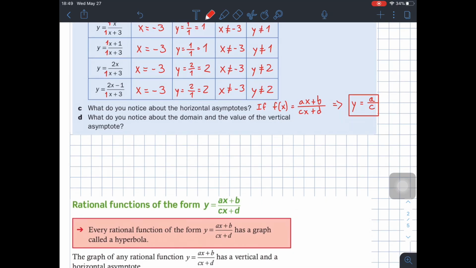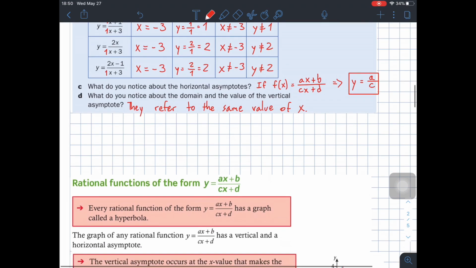So we can say that they correspond, or they refer to the same value of x. That is always the case in these types of functions.